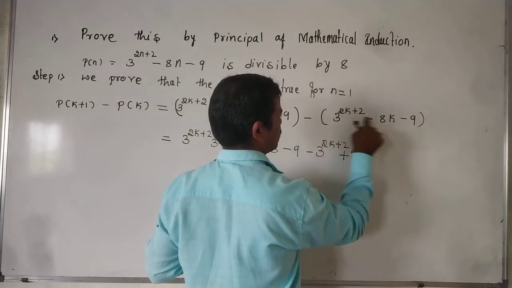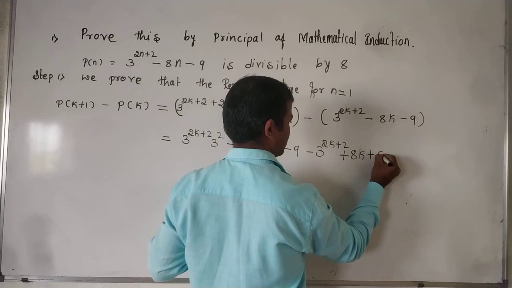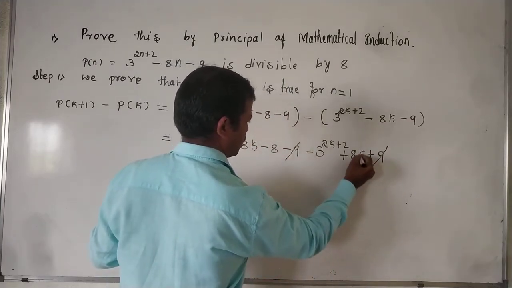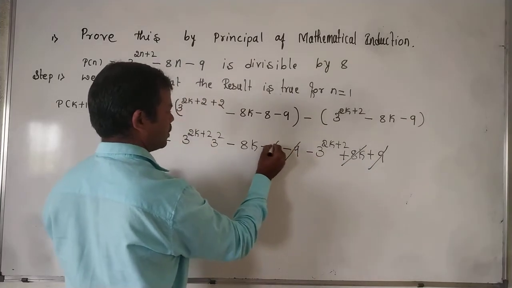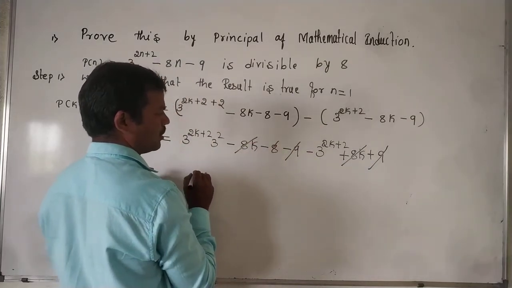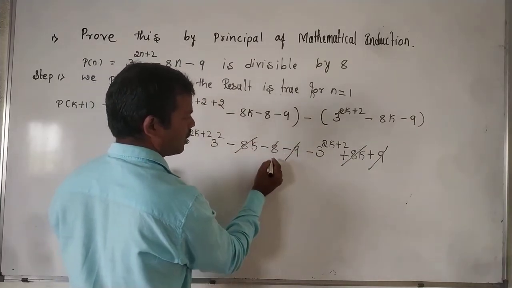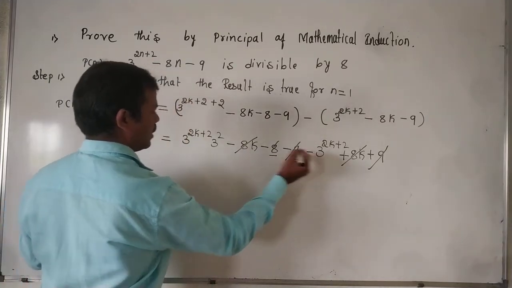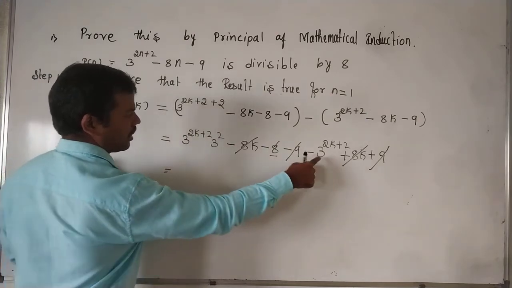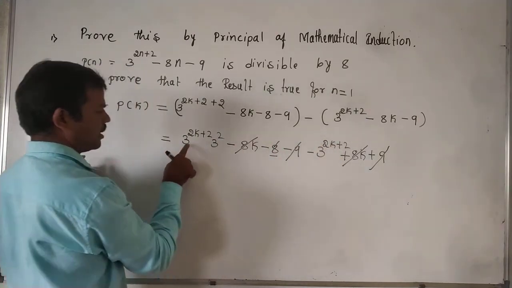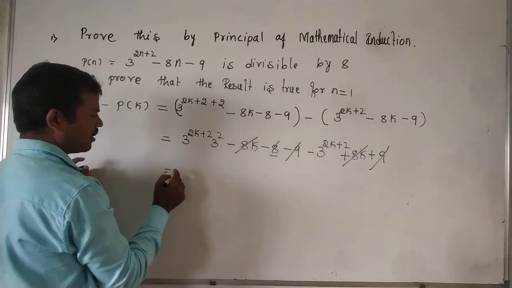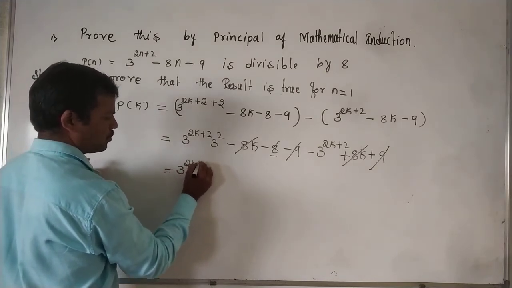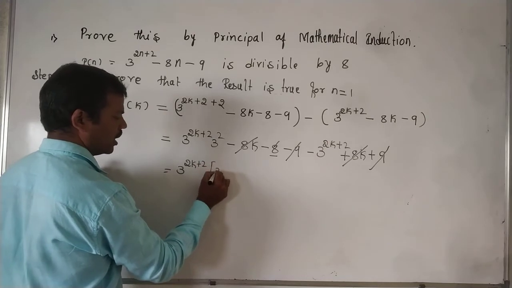Minus into minus plus 9 cancels, minus 9 plus 9 is gone, plus 8k minus 8k is gone. What remains is minus 8. Here 3 raised to 2k plus 2 is common.